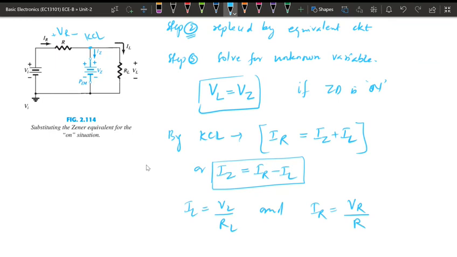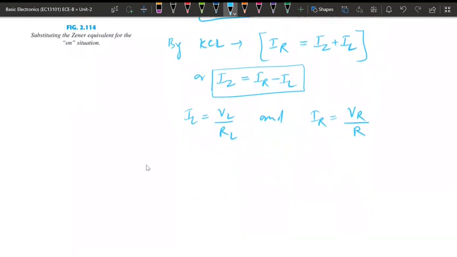Now if we want to find the power dissipation across this Zener diode, Pz will be equal to Vz multiplied by Iz. That is the current flowing through this Zener diode and the voltage across it, which is constant, Vz. Once we know Vz, we can put this value and get the Pz value.